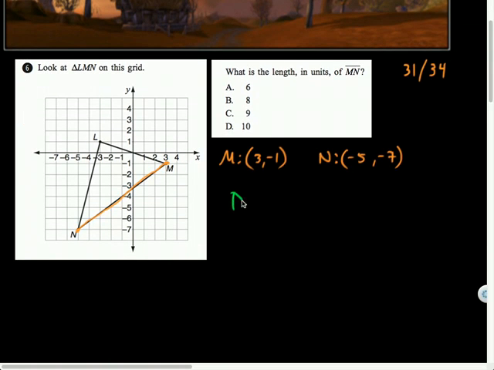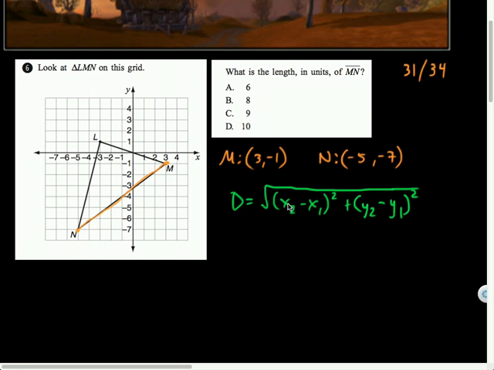The distance D is equal to the square root of (x2 minus x1) all squared plus (y2 minus y1) all squared. That's the first little nugget of truth you had to step into this problem with if you were to solve it properly.